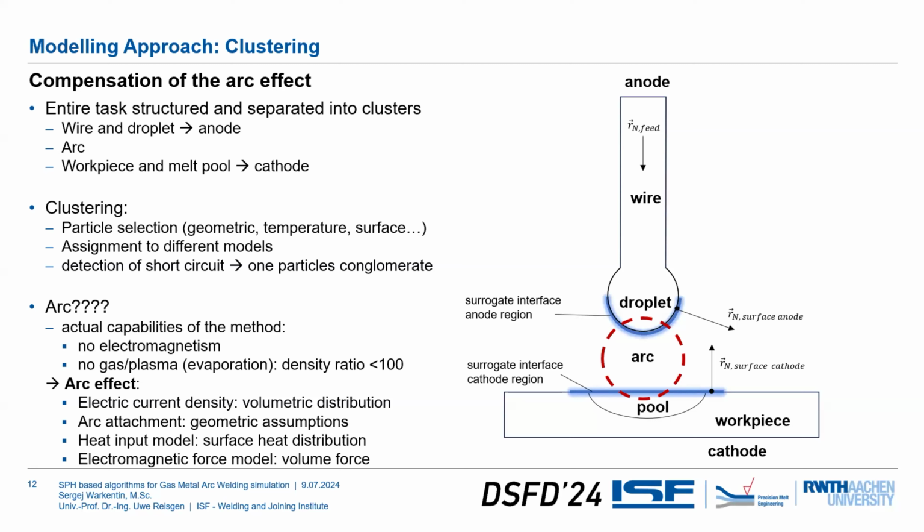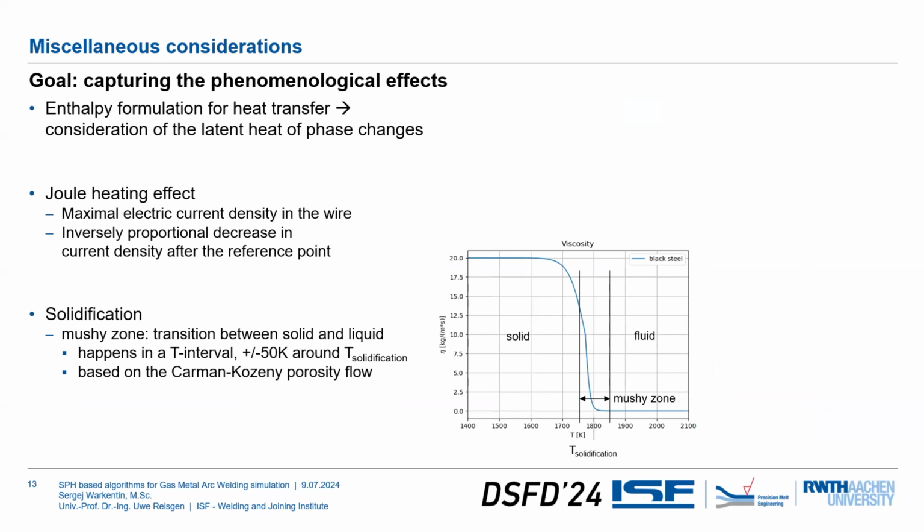And for consideration of the electromagnetic force, we introduce a volumetric force that is acting on the liquid part. In general, the goal is to capture the phenomenological effects, because to capture all the physics is again not applicable, and a very difficult task.